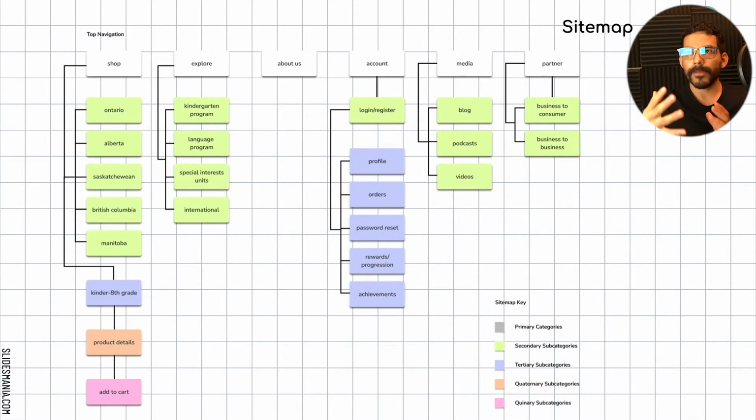Then exploring, I feel like that title is open for discussion, but it could include content that could make you stand out from the competitors, like the kindergarten program, the language program, special interest units, and just allow the user to know more about Schoolio. And then about us, we ended up replacing contact us with about us because we felt like about us could explain more about Schoolio and the mission and the goals and how the brand is unique and how they're able to provide that solution to users.